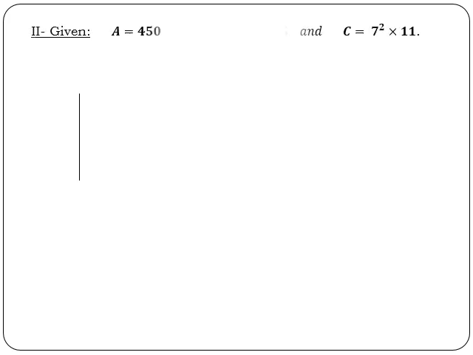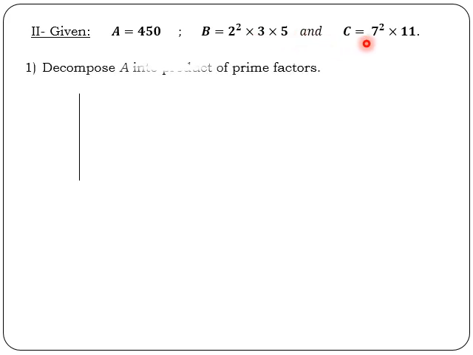The second question. Given A equals 450, B equals 2 squared times 3 times 5, and C equals 7 squared times 11. The first part is to decompose A into a product of prime factors. So let's do the prime factorization. 450 ends with 0, so it's divisible by 2.